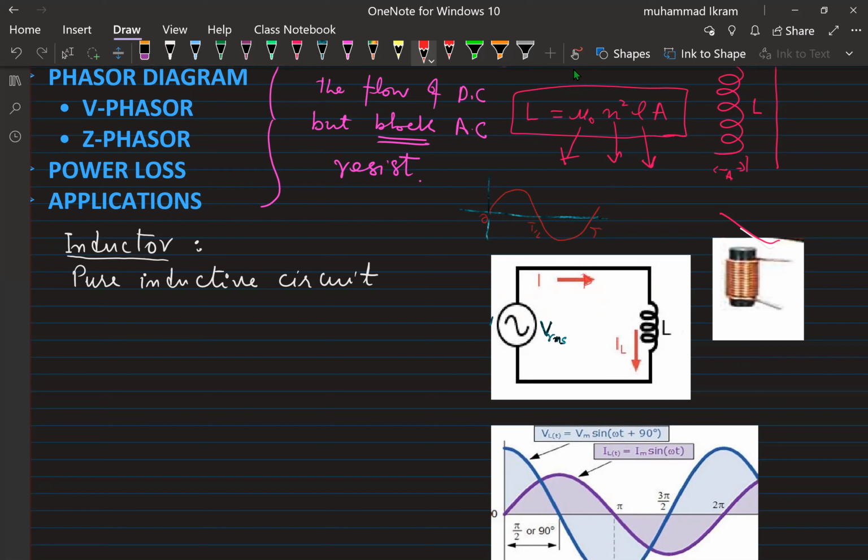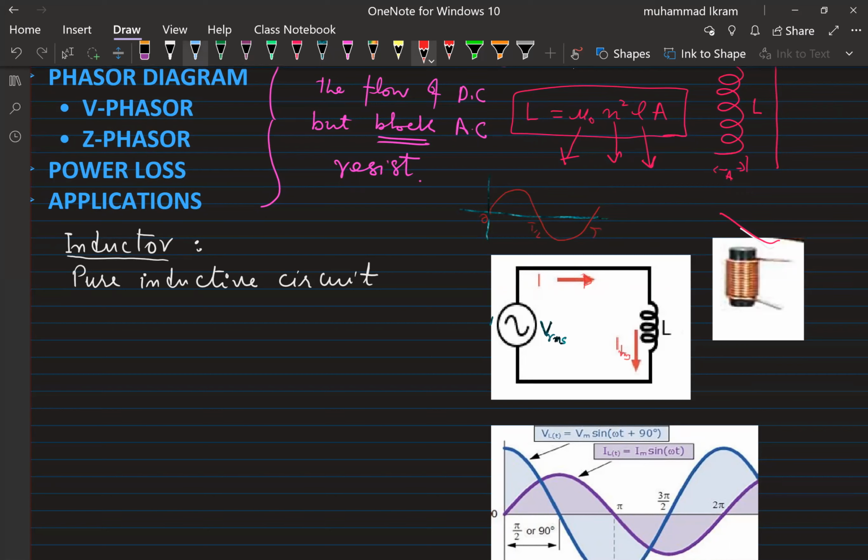In the inductive circuit, we have not a resistor, but the inductor of inductance L connected in series with the AC source. Now, let us see that we have this current, the inductive current IL, or I will label it as the RMS current, IRMS.